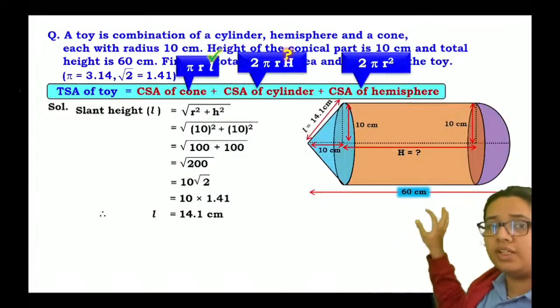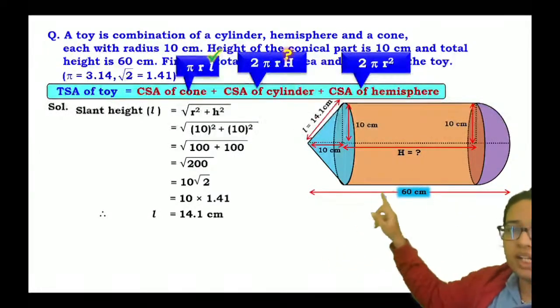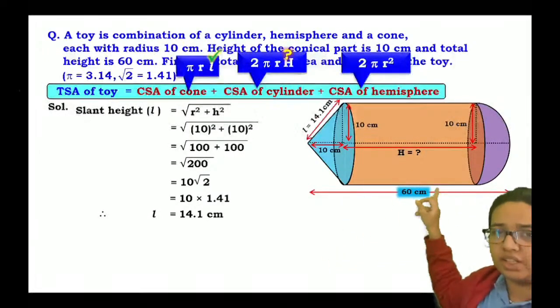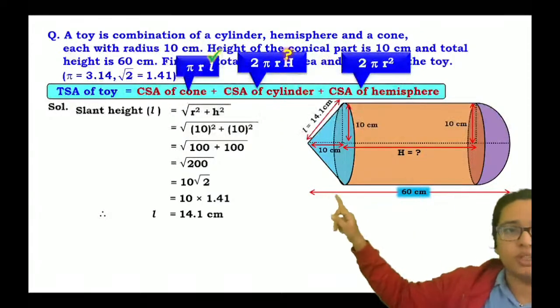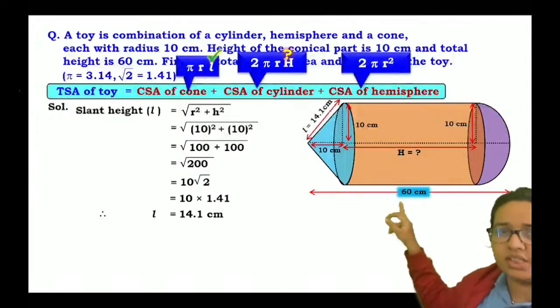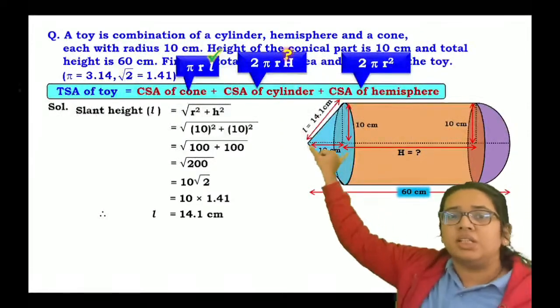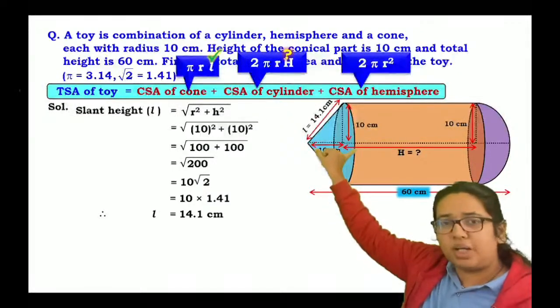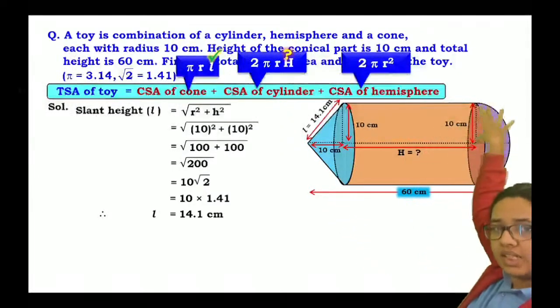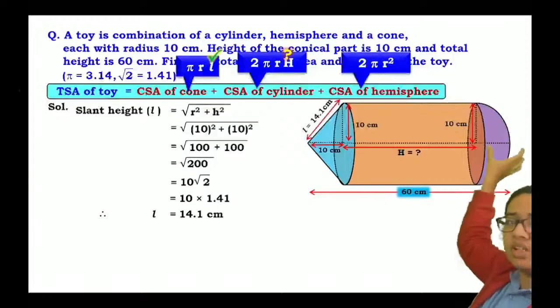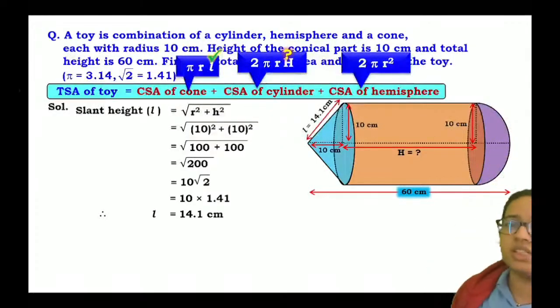Okay, now we'll find out the height of this cylindrical part. The total height of the toy is given as 60 centimeter, out of which the height of the conical part will be 10 centimeter. As the radius of the hemisphere is 10, it means that obviously this part will be 10 centimeter.